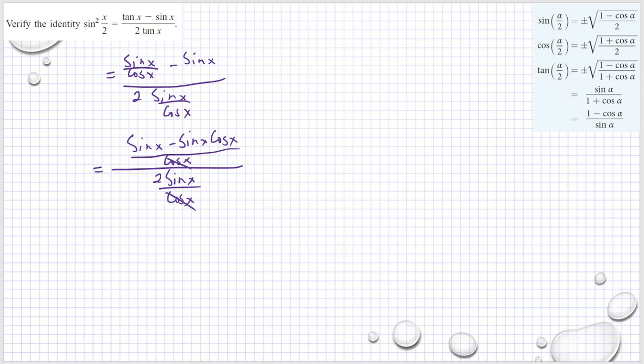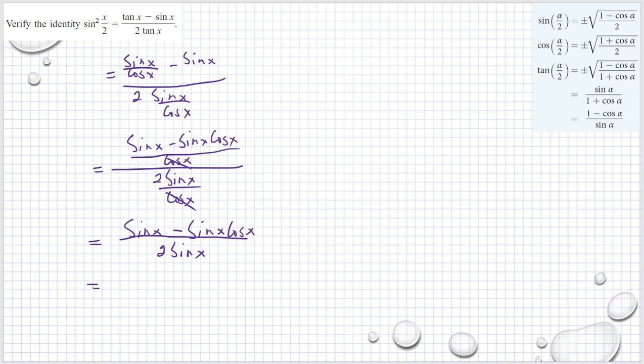Then we have sine x minus sine x cosine x over 2 sine x.